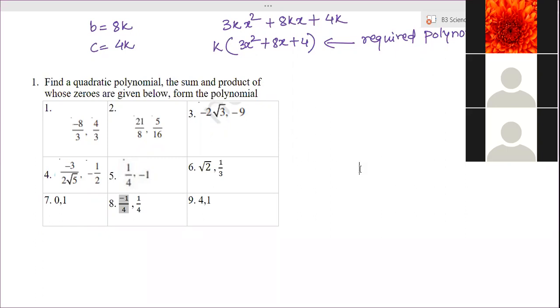Ma'am, so it is important to write the formula in every question? Yes, you have to write it, but here it's okay. You can directly write. Okay, ma'am. So after finding the required polynomial, we just have to multiply with K. Yeah, K has to be there.